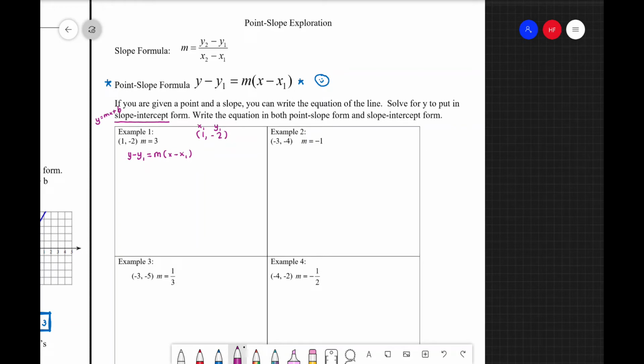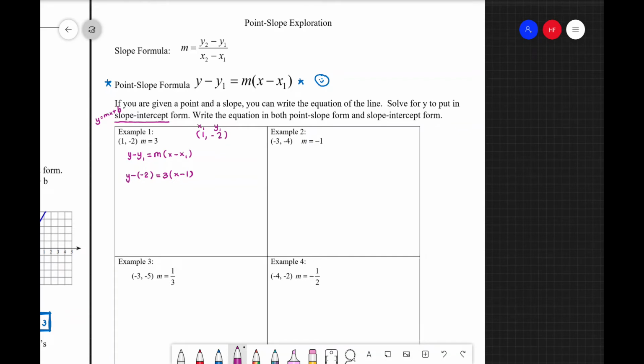So we're going to label our points. We have our m, we have x1 and y1. So I'm going to plug these in. Y minus negative 2 equals m, which is 3, times x minus 1. So that's my line in point slope form.